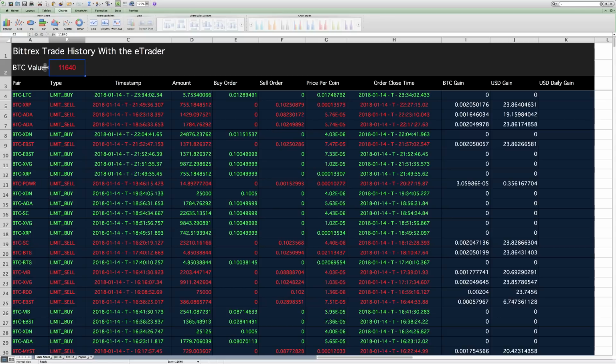Here you'll see Bitcoin value. This is a variable that will modify the entire gains and profits. It's important to remember that you're accumulating Bitcoin, and because Bitcoin is fluctuating in its value, your US dollar profits are constantly modulating unless you are taking money out of your account every day, moving your Bitcoin to Tether.